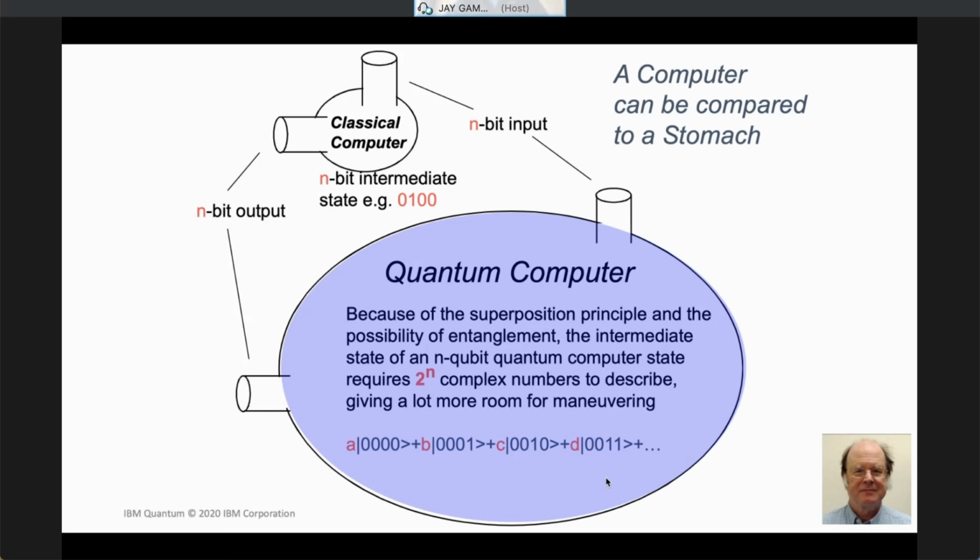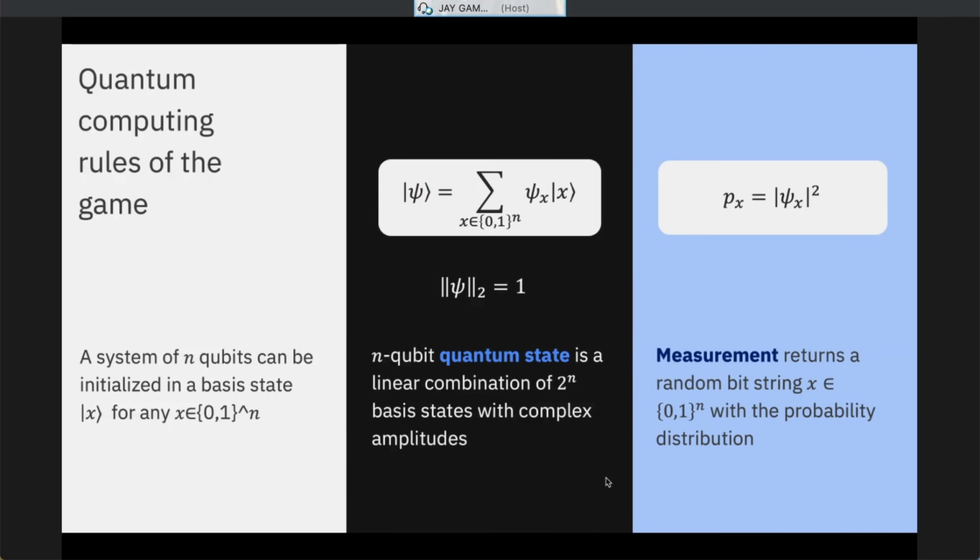Okay, so to get to a bit more of this, the rules of the game for quantum computing basically say that if I have a system of initially n qubits, I need to be able to initialize it. So this just says I have the classical bit string, I need to be able to put in some value.